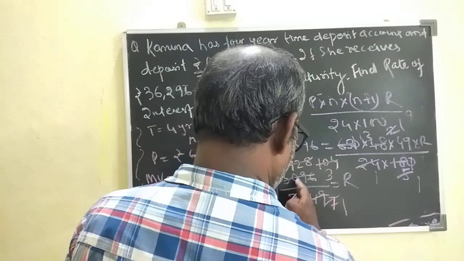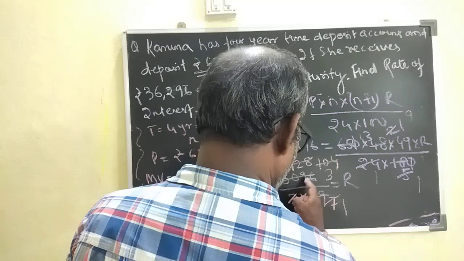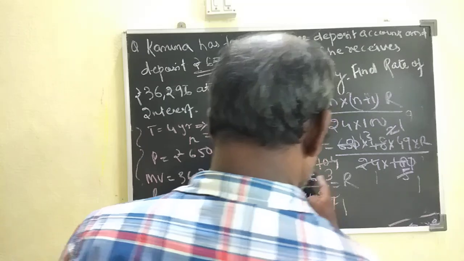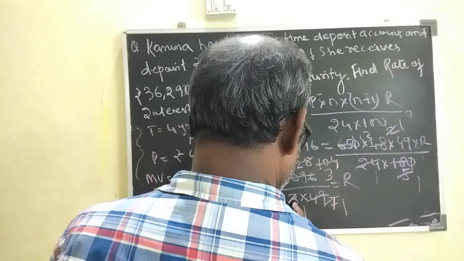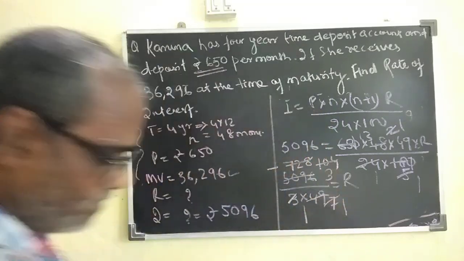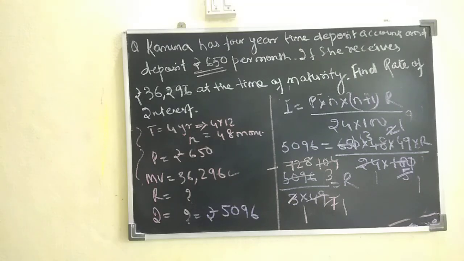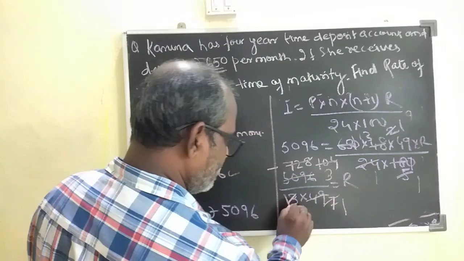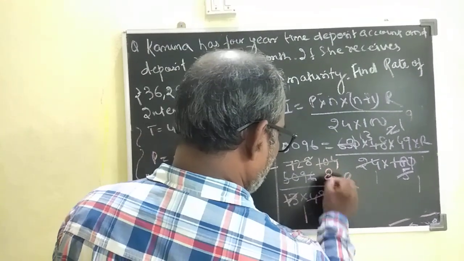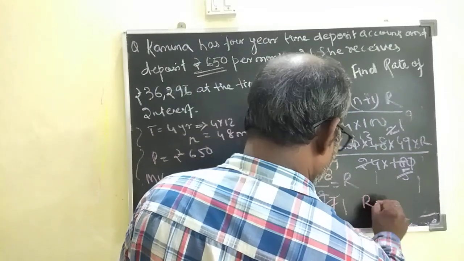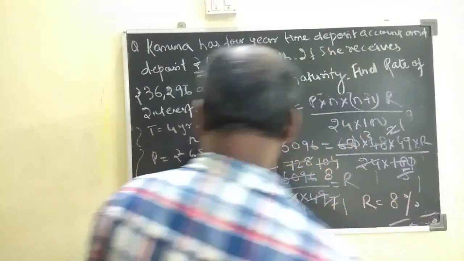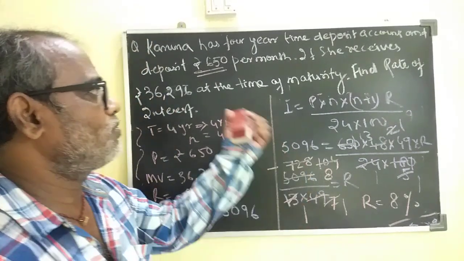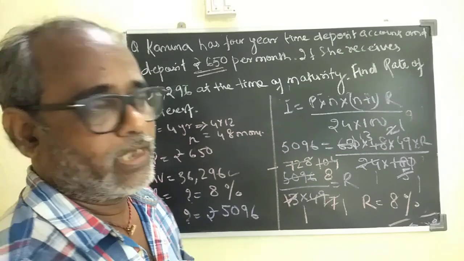Sorry, it should be 13, so 13 ones are 13, 13 eights are 104. So rate of interest equals 8%. So here you are going to write down 8%. The main thing is how to do the problem, you have to do it this way to get 4 marks.